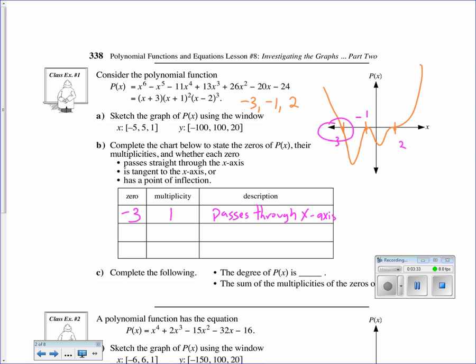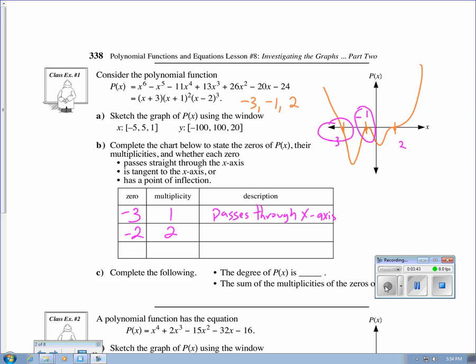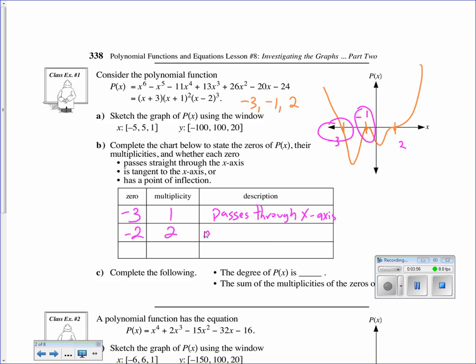At -1, I have a multiplicity of 2. And that results in the observation of a maximum or minimum. The x-axis actually becomes tangent. That's another way of describing it. So I get a maximum or minimum. Another way of expressing it is the value here is tangent to the x-axis.